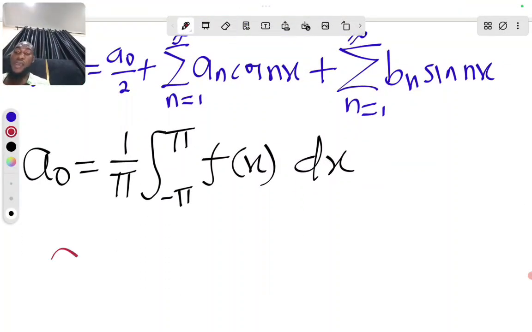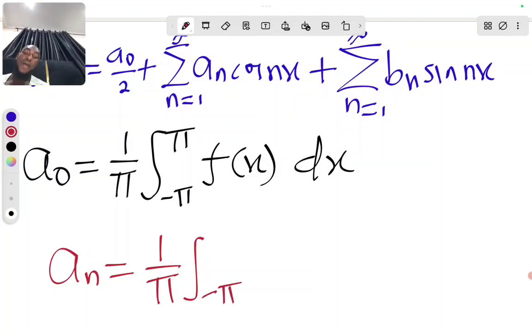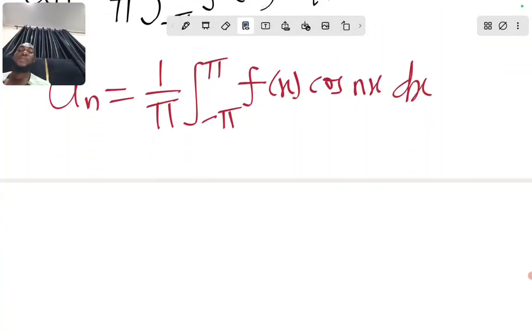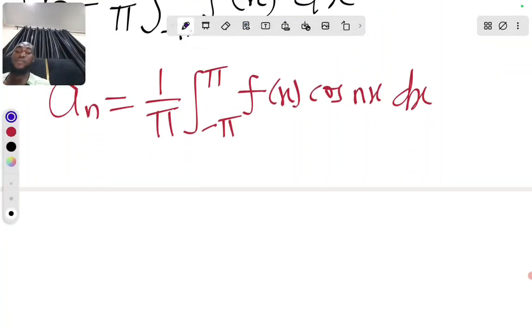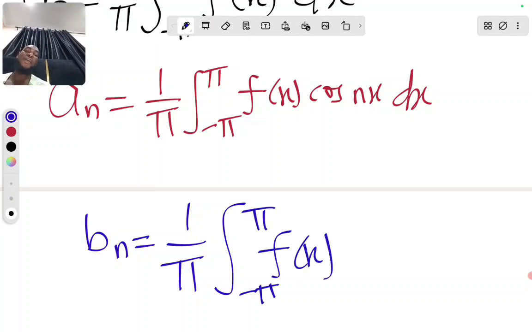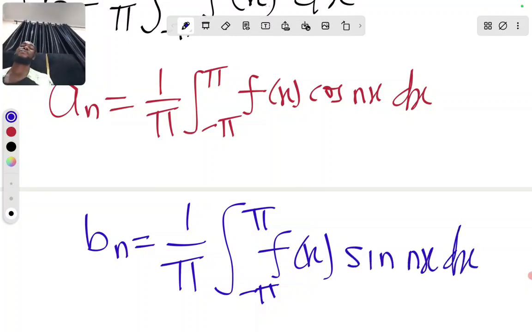Then our an is equal to 1 upon pi, the integral of minus pi to pi, f of x cos nx dx, and the bn is equal to 1 upon pi, the integral of minus pi to pi, f of x sin nx dx.